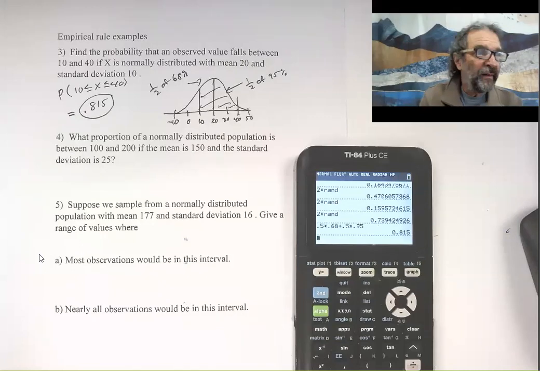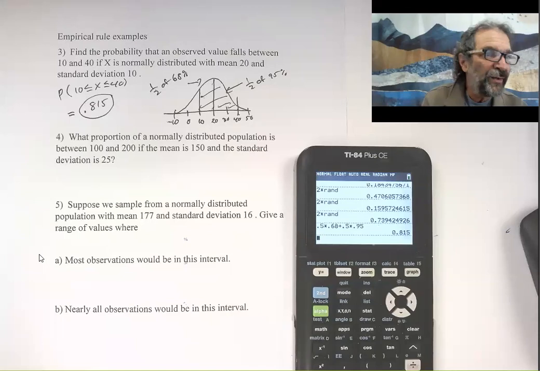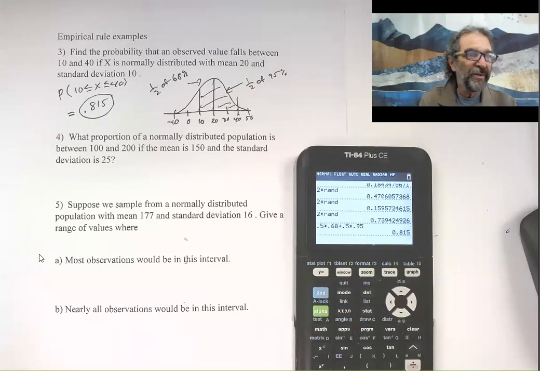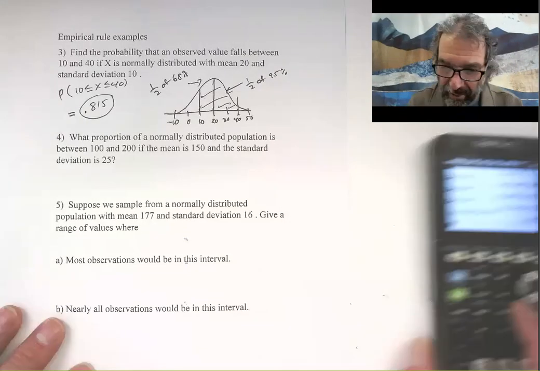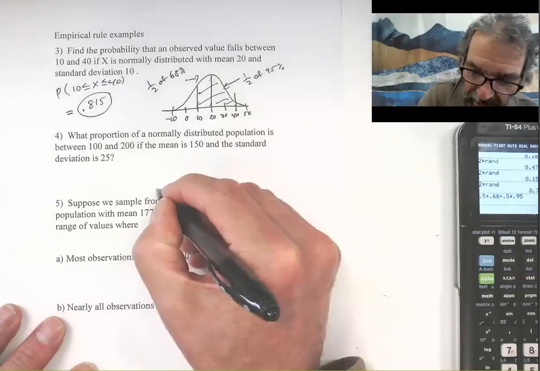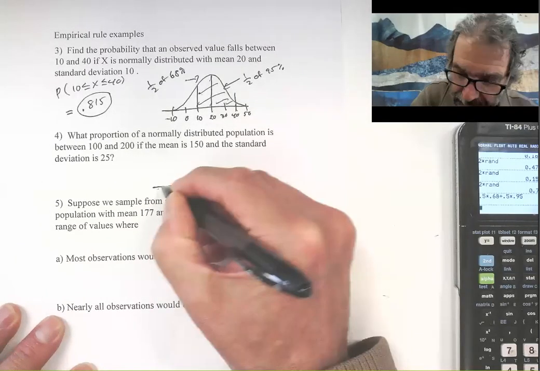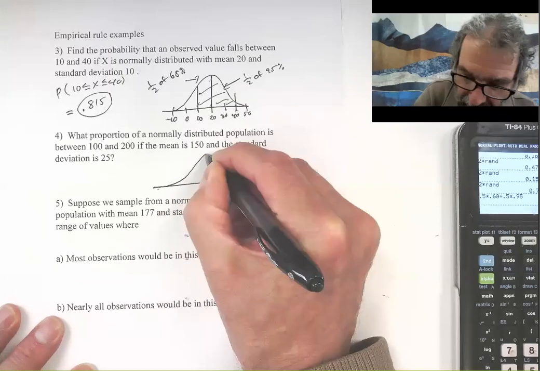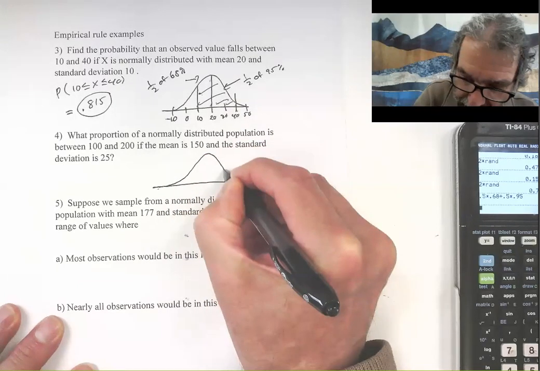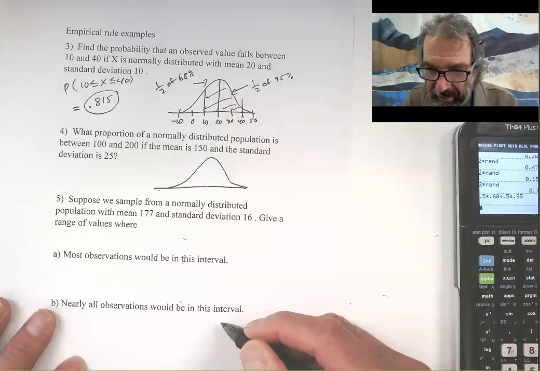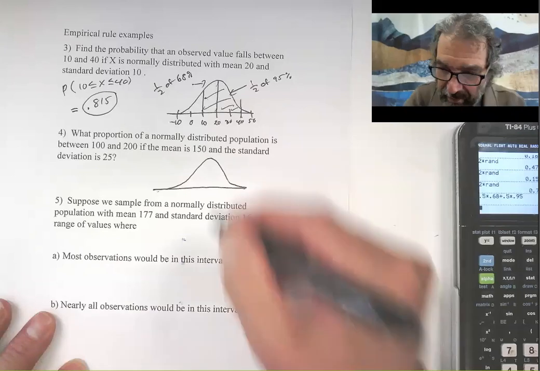And then we could ask the question, what proportion of a normally distributed population is between 100 and 200? The mean is 150 and the standard deviation is 25. It's the same calculation except a different picture. Okay, so I'll see if I can draw this even worse. Here we go. Up we go, down we come, and over we go. Okay, the center is 150.